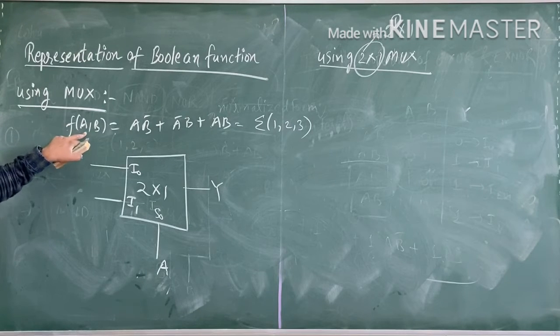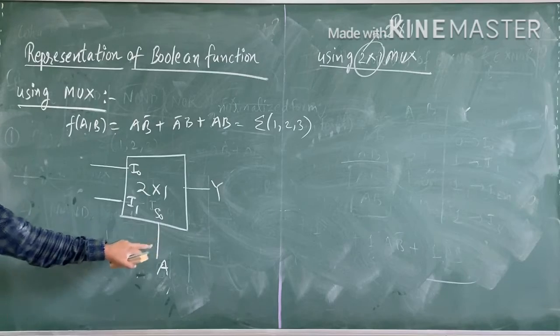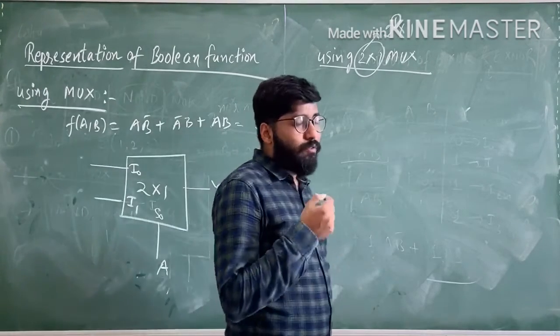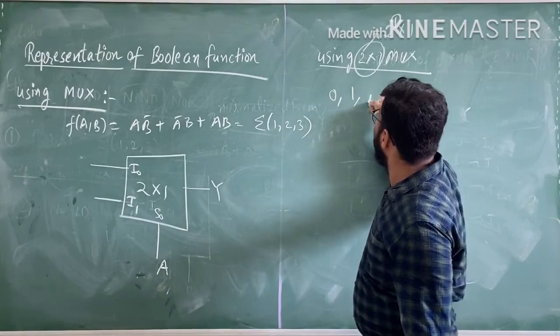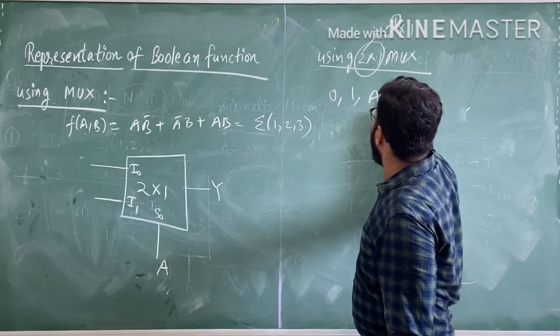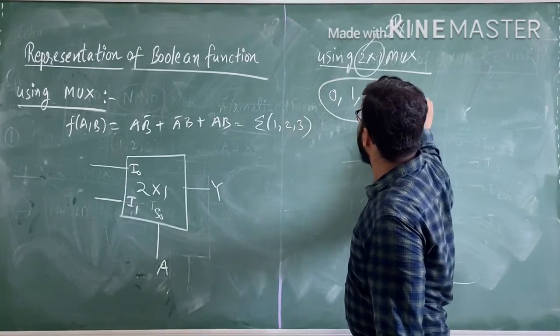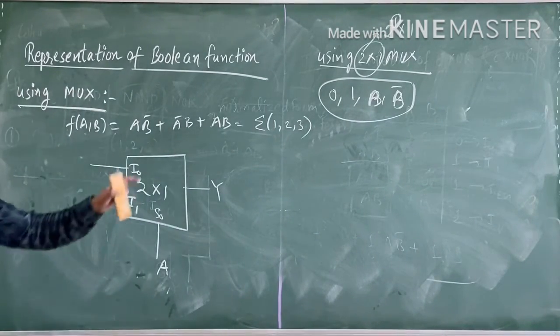Now, the function is of two variables, but here the select line is 1. So you have to make I0 and I1 in the form of 0, 1, A and B and B complement. You have to represent the value of I0 and I1 in terms of this.